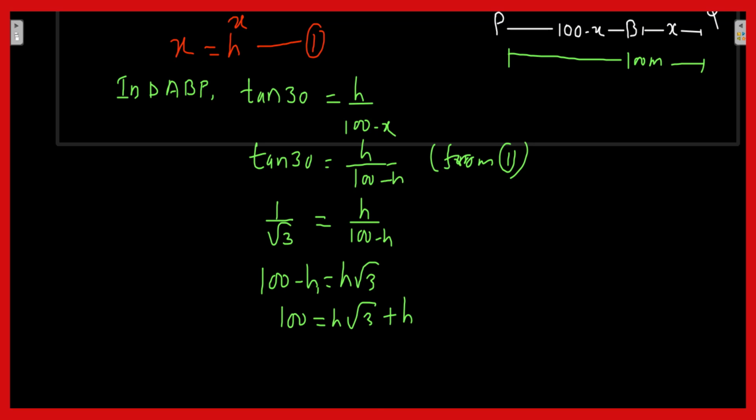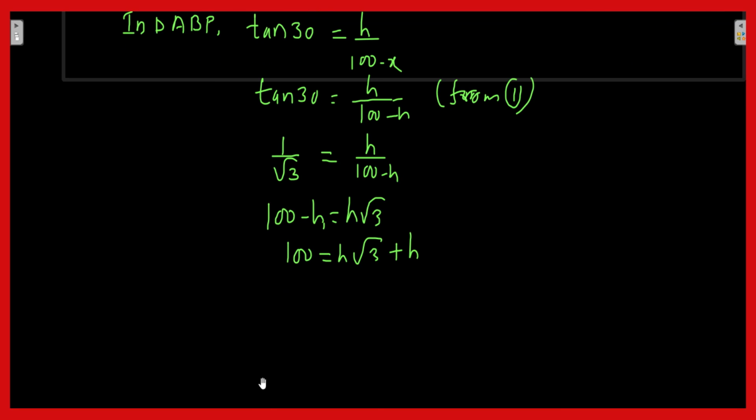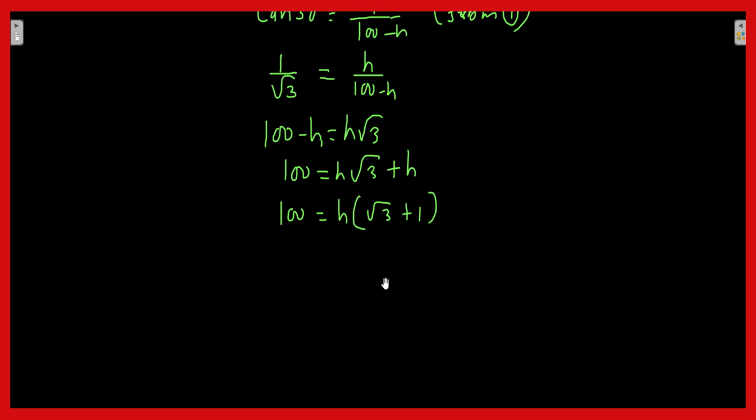Now take out h as a common factor, so it will be 100 is equal to h into bracket root 3 plus 1, close the bracket. So take root 3 plus 1 to this side, and you will get h is equal to 100 upon root 3 plus 1.